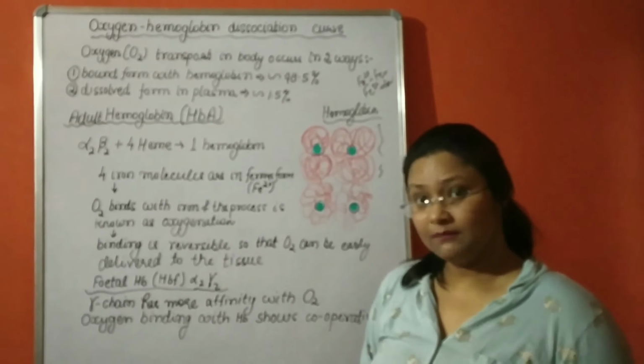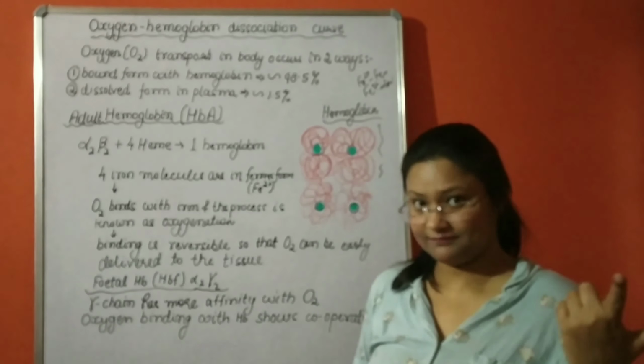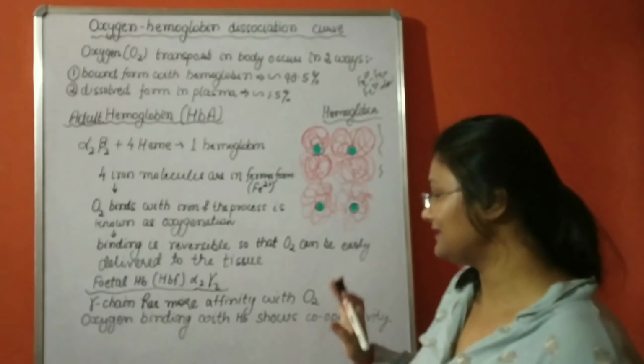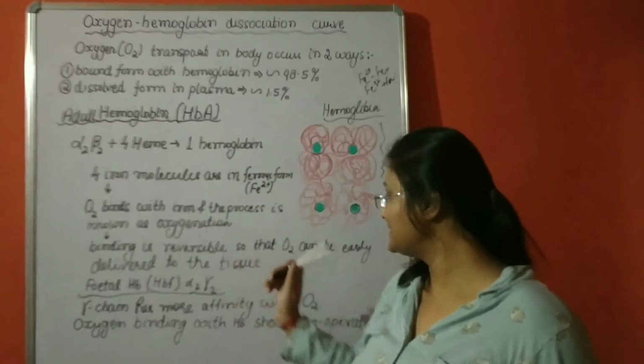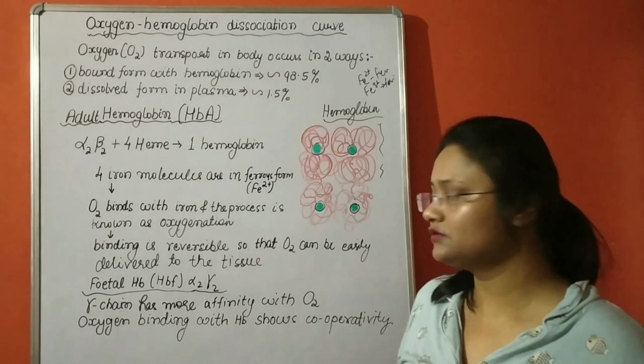But we need reversible binding so that once oxygen is delivered and detached from hemoglobin in the body tissue, the same hemoglobin molecule can be used again for the next oxygen transport. That is why it should be reversible, and this is the reason oxygen is easily delivered to the tissue. If binding were irreversible, the oxygen molecule would never leave the hemoglobin and would not be delivered to the tissues.